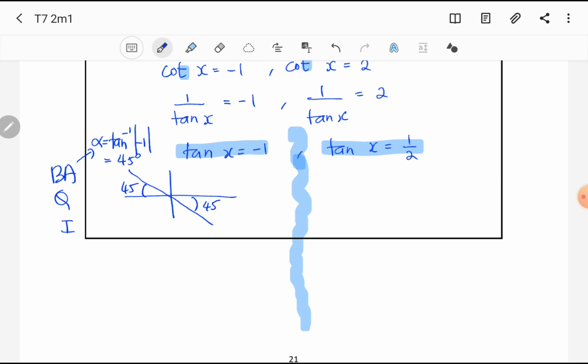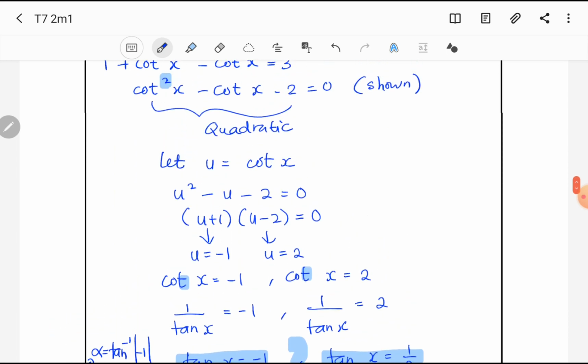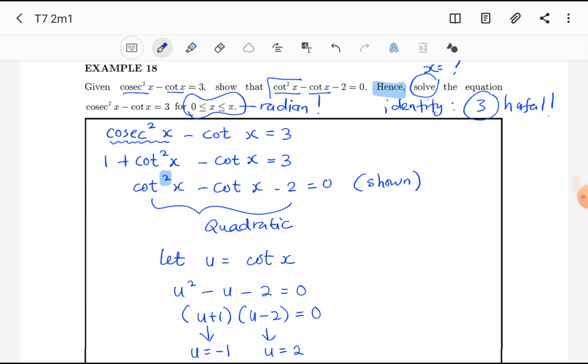For interval, okay, go to the interval. Mana for interval kat atas tadi? Dia bagi x between 0 to pi. So this is in radian. Meaning that our final answer must be in radian. Yeah? But for calculation, kita boleh guna degree dulu. Jawapan akhir baru kita tukar kepada radian.